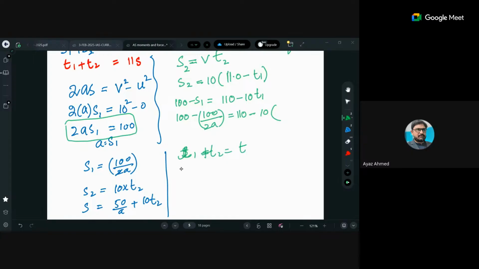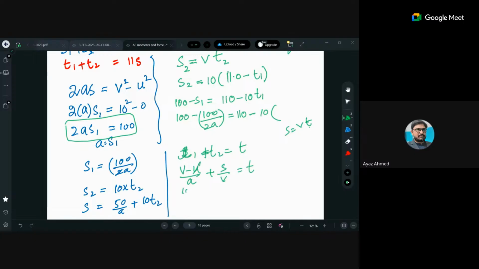So T1 is V minus U divided by A, plus T2. S is equal to V into T, so T2 is S divided by V, equal to total time. So this is gone, this is 0.